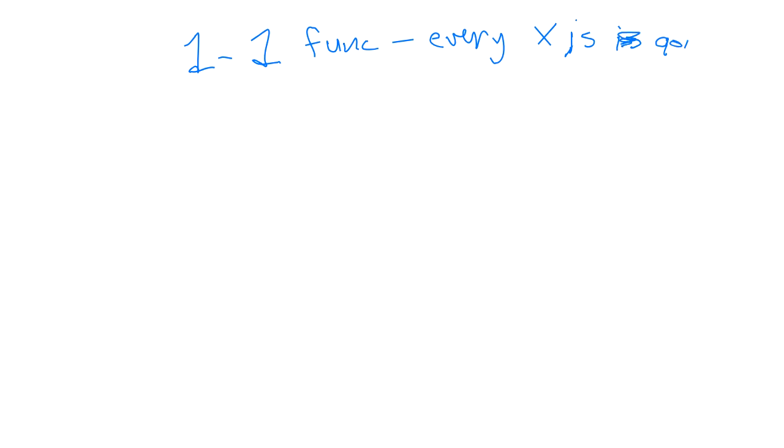A one-to-one function is defined as essentially saying that every x is going to have one y, and every y is unique.